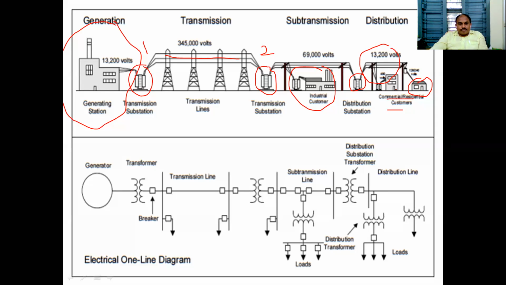Power is transmitted over long distances, then stepped down. Sub-transmission covers 60 or 70 kilometers, and then utilization at the distribution system.